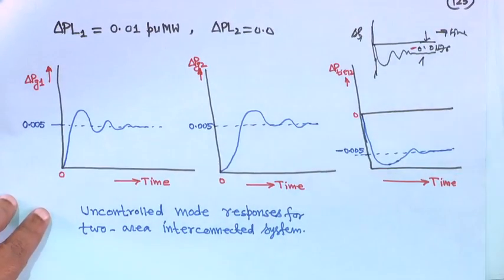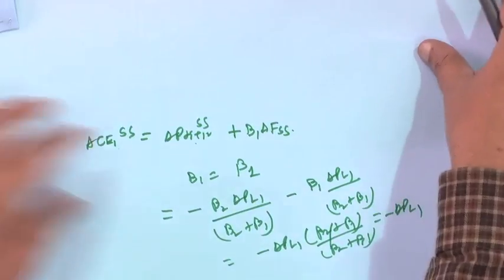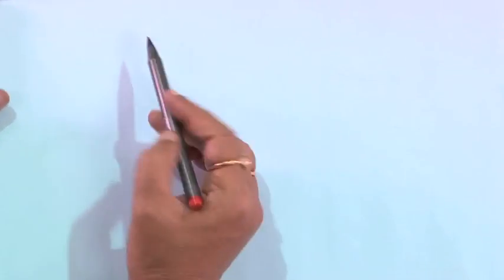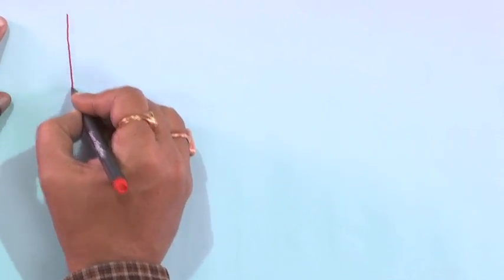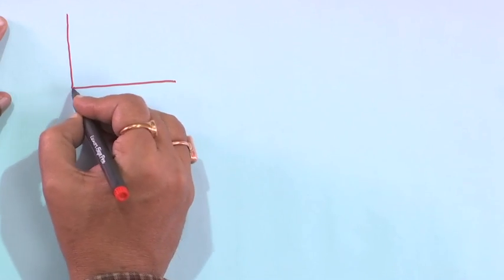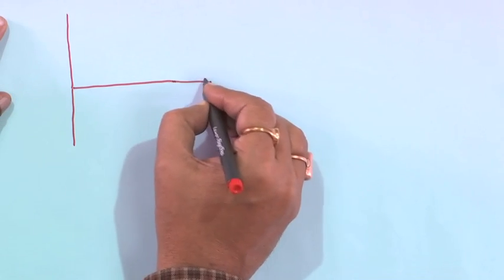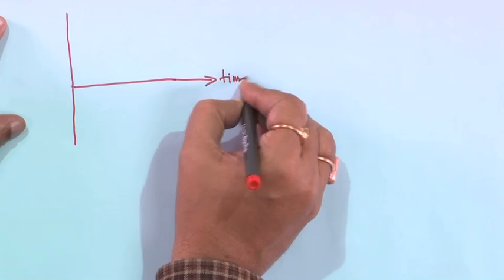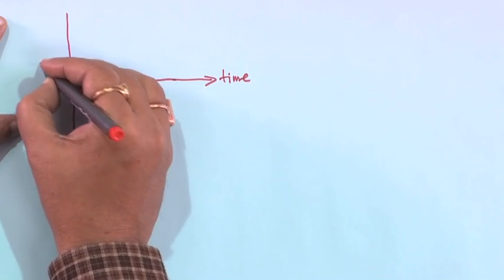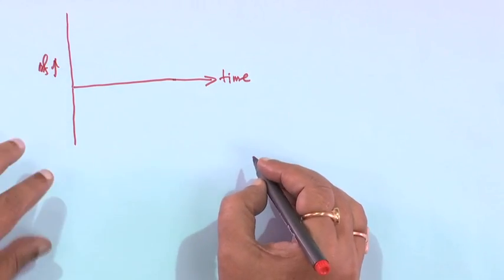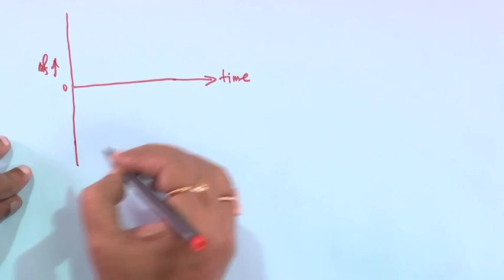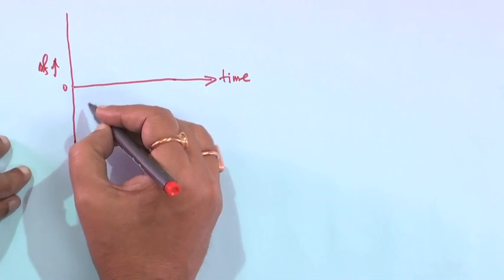Now, if you put the controller here, then frequency will be like this, this is time, and this is delta f, and this is 0, right. So it is control mode, right.